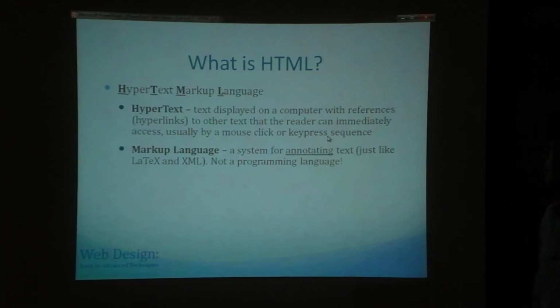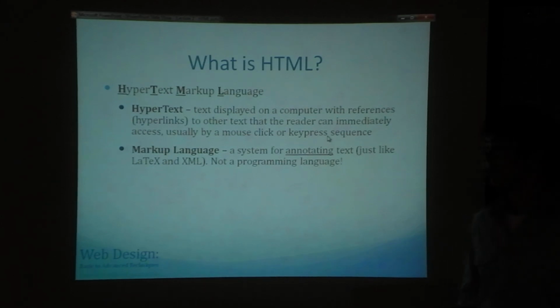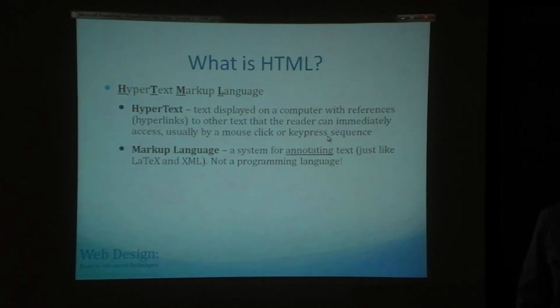One important thing to remember is that because HTML is a markup language, it is not a programming language. So you can't write some really cool algorithm like Google's search algorithm by using strictly HTML.